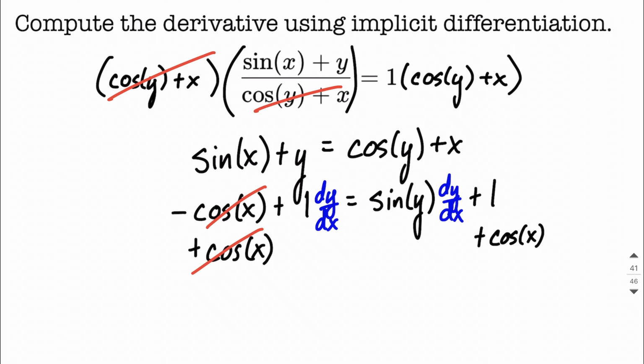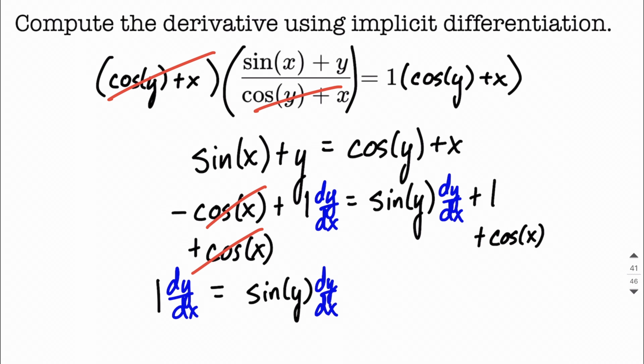We are going to have 1 dy dx still left over here. I'm really trying to take my time and go through this so I don't lose anyone as we're going. Really just rearranging our equation. So I'm bringing along on the right-hand side the sine of y, dy dx, plus 1 plus cosine of x.